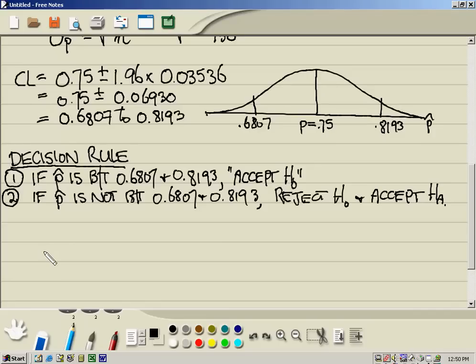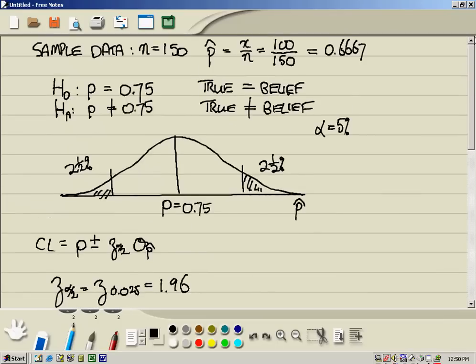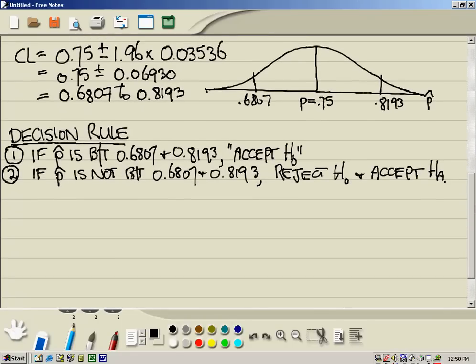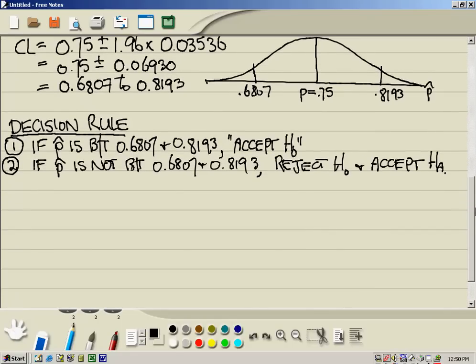Simple enough. Now we need to find our sample proportion: 2/3, 0.6667. And 0.6667 is somewhere below 0.68, so let's say it's down here somewhere. That's our p-hat for this particular example. So the decision in this case would be to follow the second part of the decision rule.